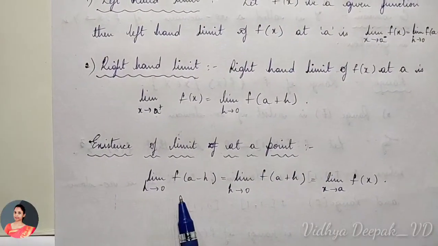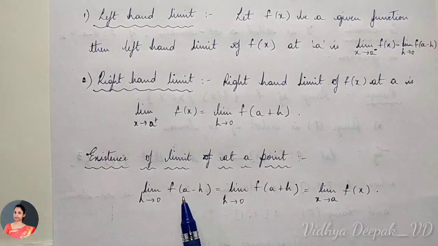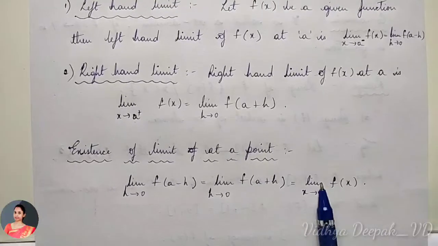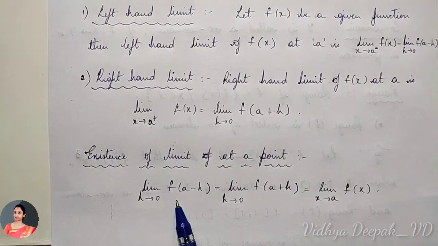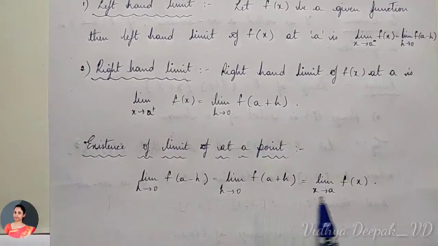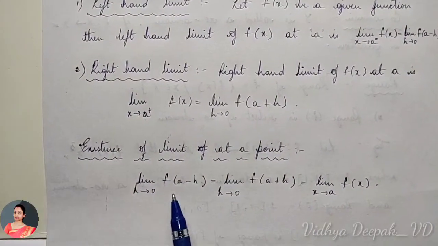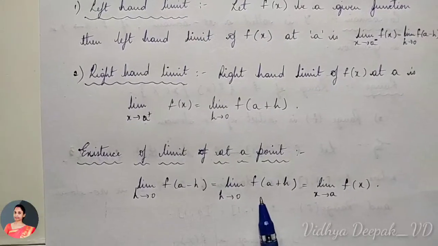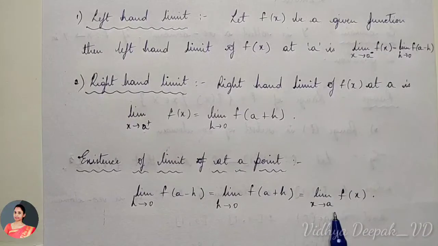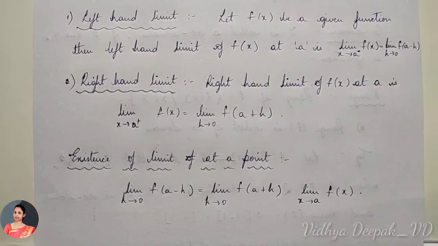If limit h tends to 0 of f of a minus h, which is the left hand limit, is equal to the right hand limit, then we can say the limit exists. Say the left hand limit was 0 and the right hand limit is also 0. That means 0 is equal to 0, so the limit exists. Say if the left hand limit was 1 and the right hand limit was 0, then does the limit exist? 1 is not equal to 0, therefore the limit does not exist.